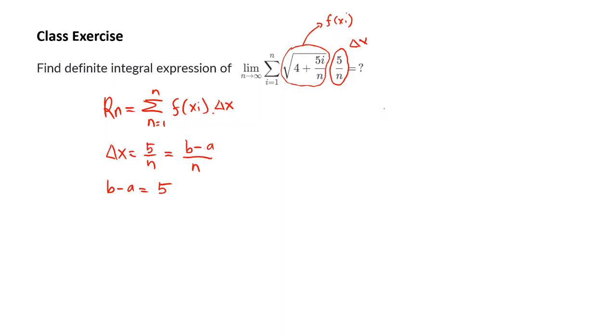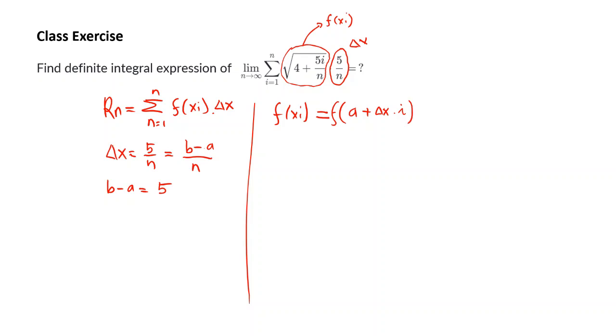The guessing could be that f xi, this is just guessing, is a function of a plus delta x times i.